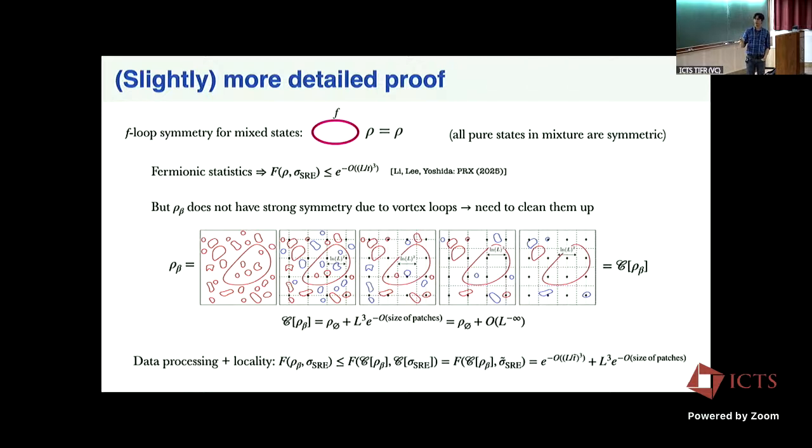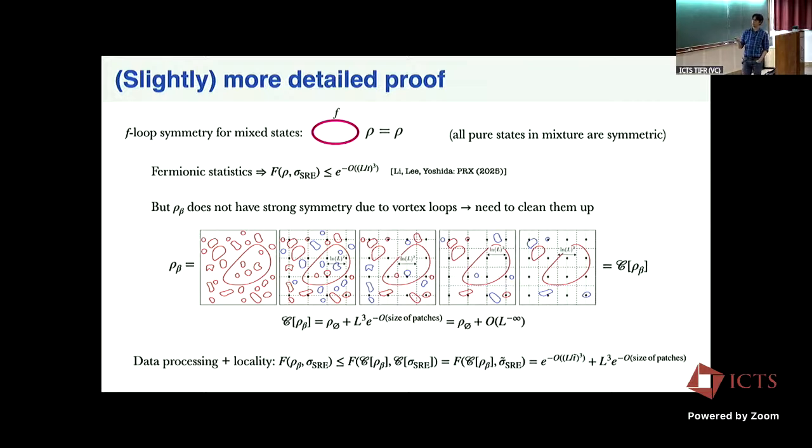So the fidelity of rho beta with any short-range entangled state is upper bounded by what I get if I apply this operation to both states. And then I end up with this loopless state, which has this strong symmetry condition. And because the channel I applied was local, if I apply it to a short-range entangled state, the resulting state is still short-range entangled.